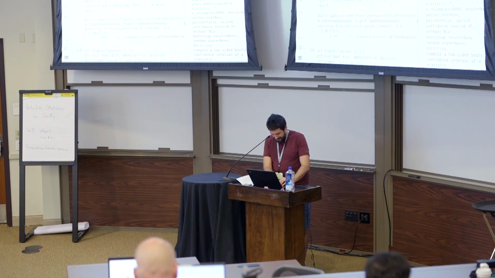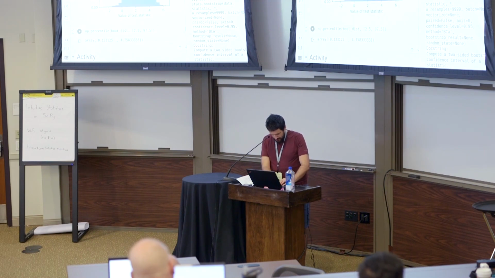And I want to make the same confidence interval again. Oh, but that's not the right thing. Here I put the previous one, but I want result dot bootstrap distribution.